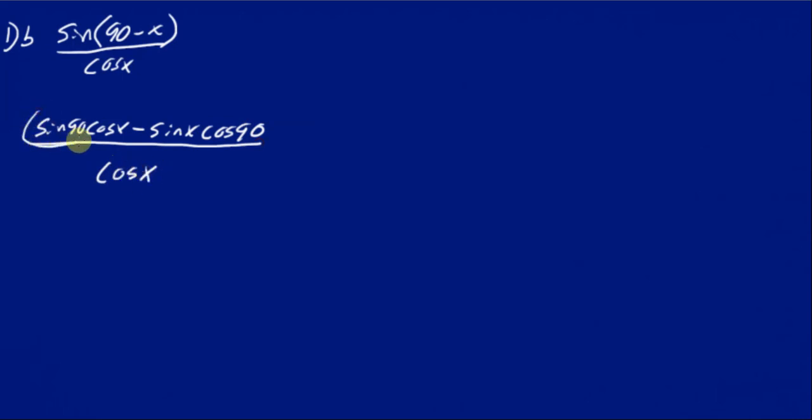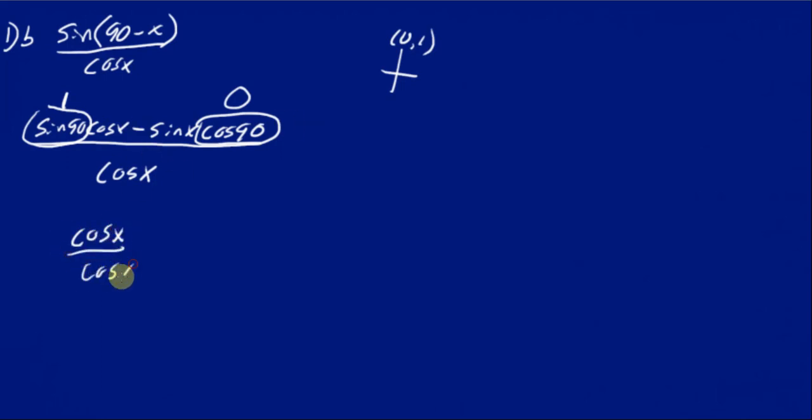Now, sine of 90. Well, right here is 90. That's 0, 1. So the sine of 90 is 1. The cosine of 90 is 0. 1 times the cosine is the cosine of x minus 0 all over the cosine of x. So this simplifies to 1.